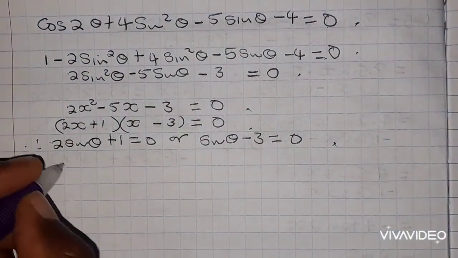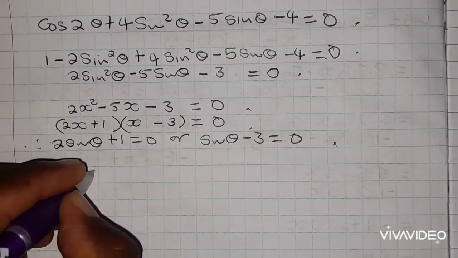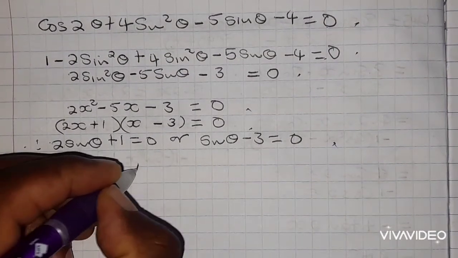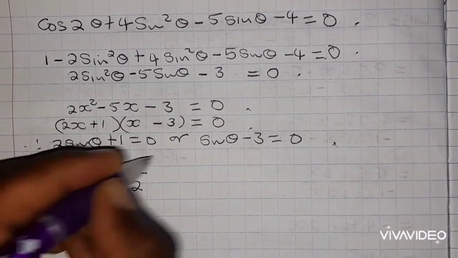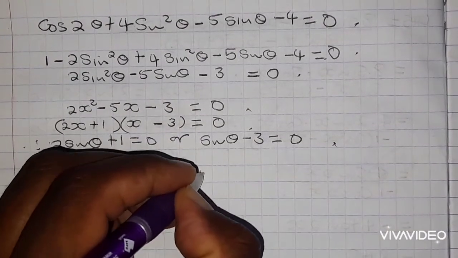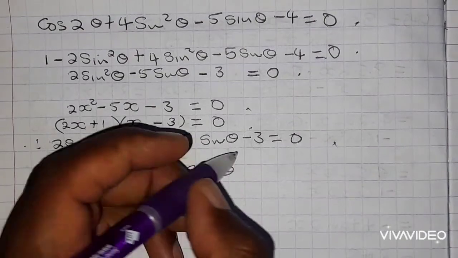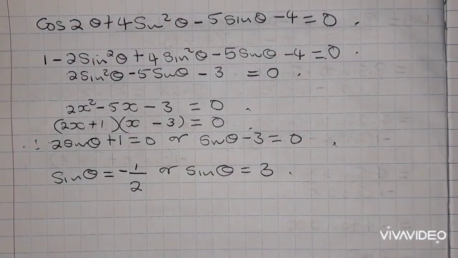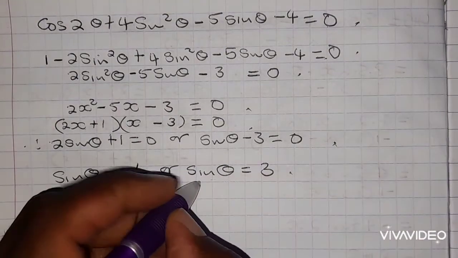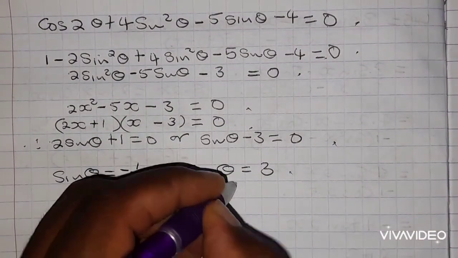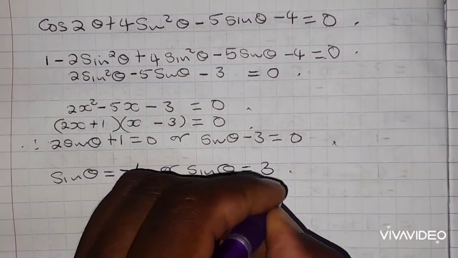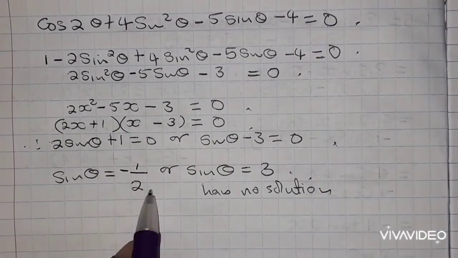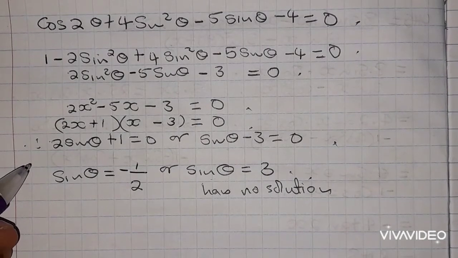Let's simplify here. We have sine theta is equal to negative 1 over 2, or sine theta is equal to 3. You should be able to notice that this one has no solution, but this one does have a solution.